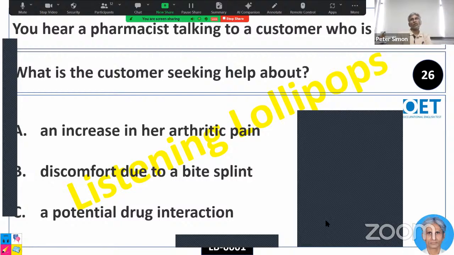Now let us see. Who is the speaker? Or who is the medical professional? Which medical profession does he belong to? Who is the person who is talking? Who is the authoritative person?